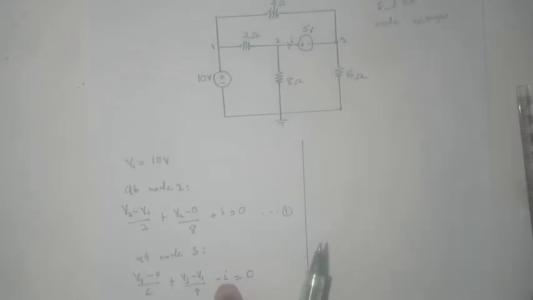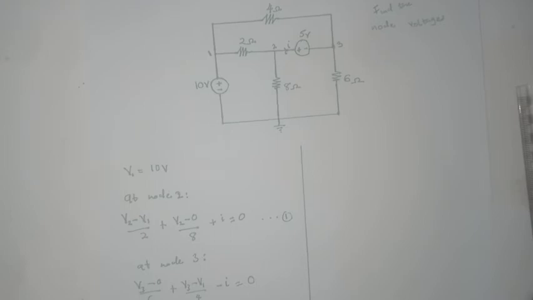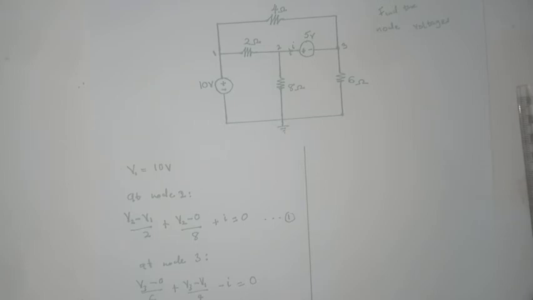So from here we can say that I equals V3 over 6 plus V3 minus V1 over 4. Okay, so we call this our second equation.